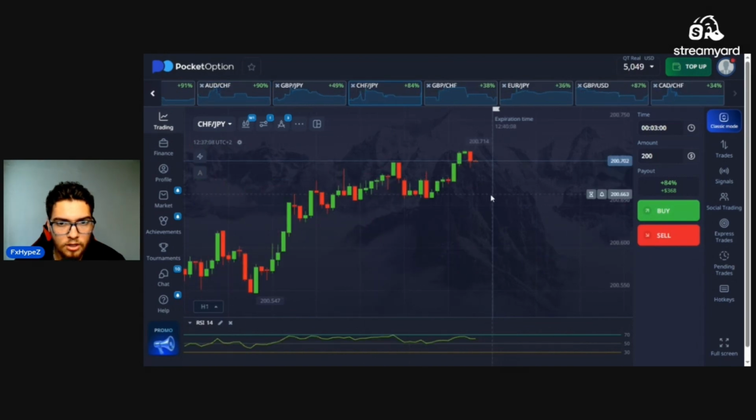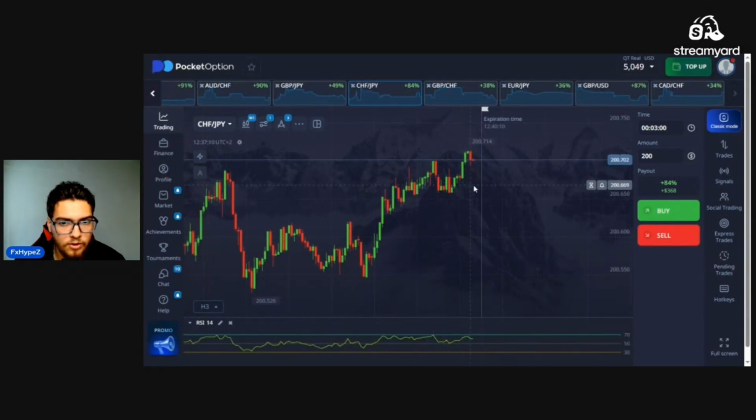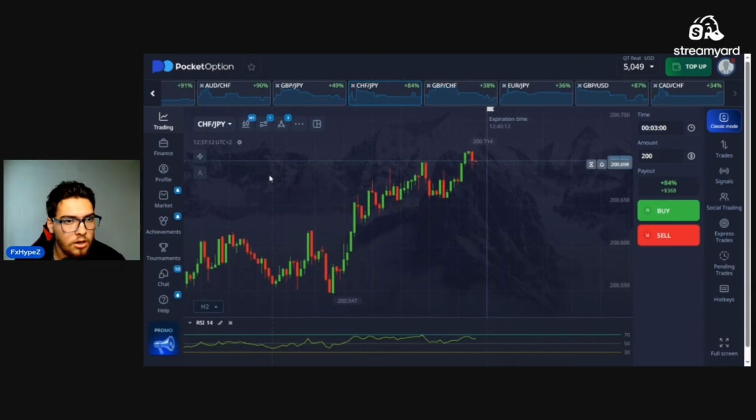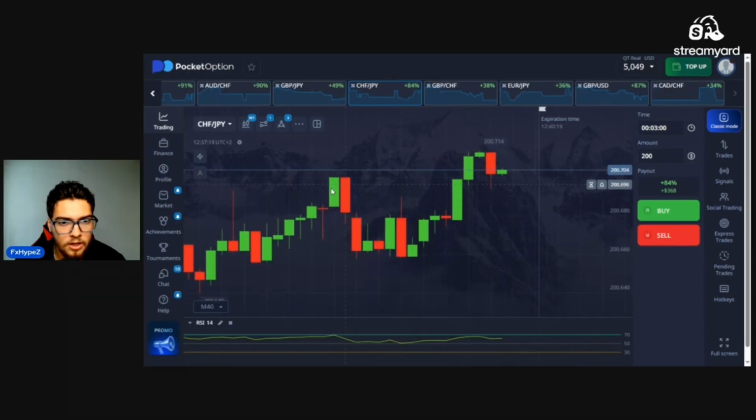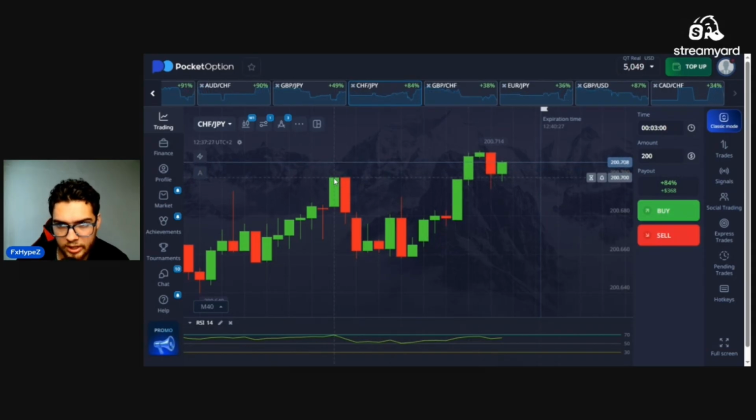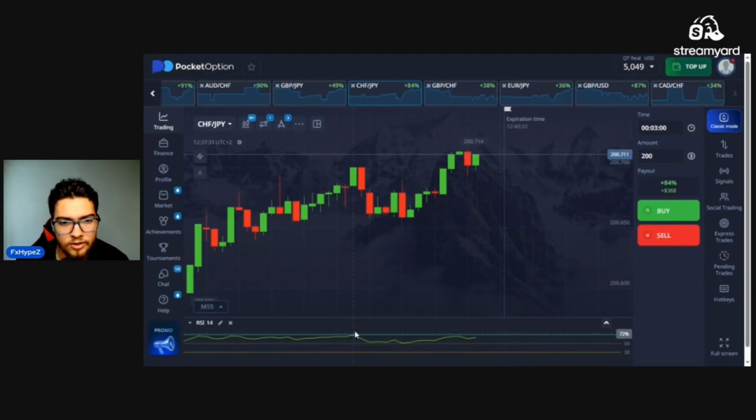Interesting. So, as you can see right here, CHF JPY is bullish, okay? Price is forming higher highs and higher lows. We formed a higher high here, pulled back, broke structure at 200.700. And if we take a look at the RSI, it peaked on the blue line.